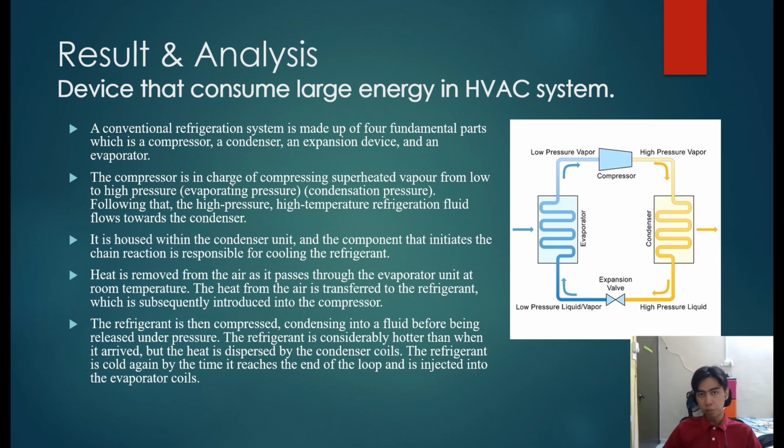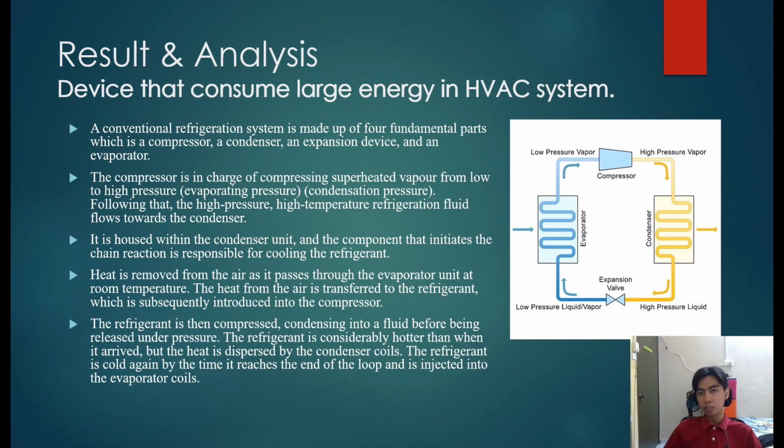Following that, the high temperature refrigerant fluid flows through the condenser. The compressor is housed within the condenser unit, and the component that initiates the chain reaction is responsible for cooling the refrigerant. Heat is removed from the air as it passes through the evaporator unit at room temperature.